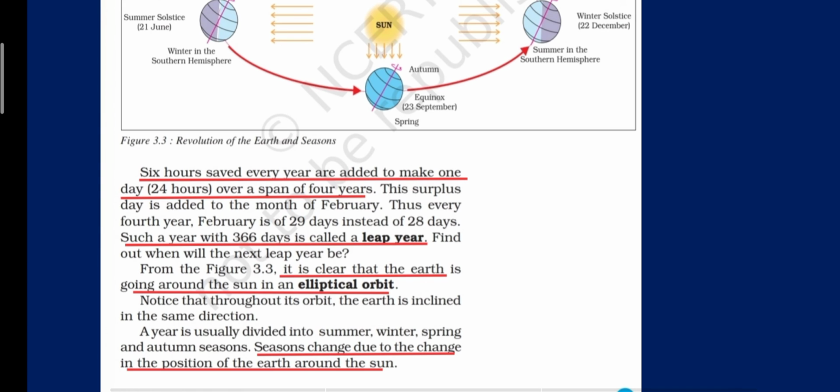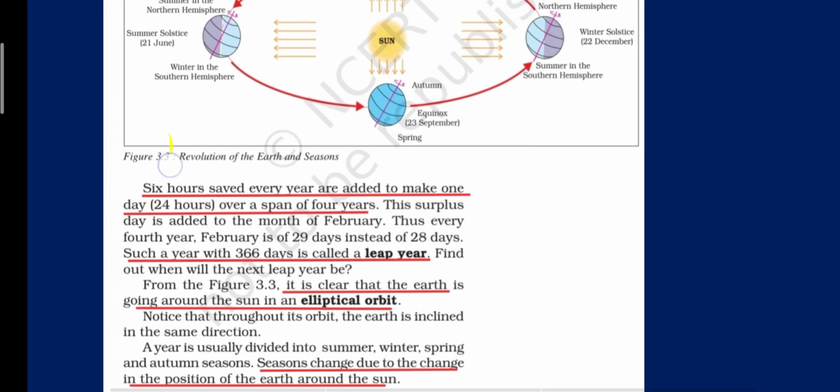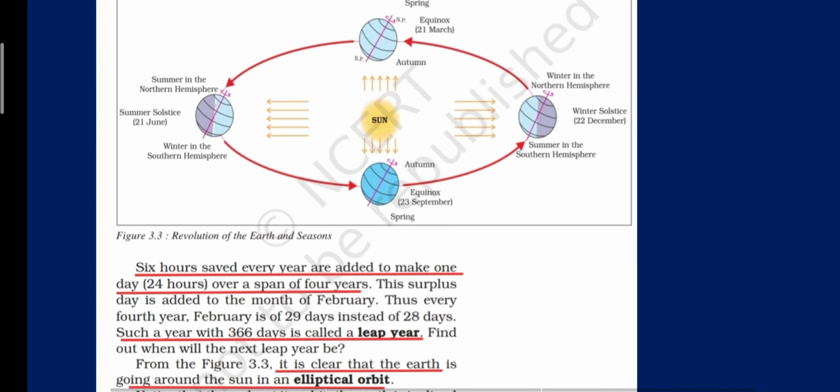And this change in season is due to the revolution of the earth. So, due to the change in the position of the earth as it goes around the sun, we experience different seasons. So, children, as you can see here, when the earth is at different positions, the various hemispheres of the earth experience different seasons.